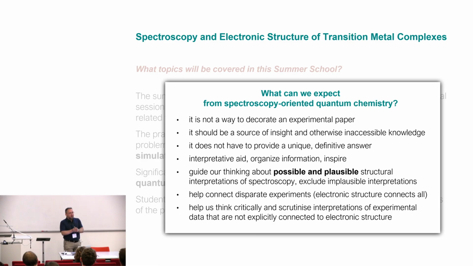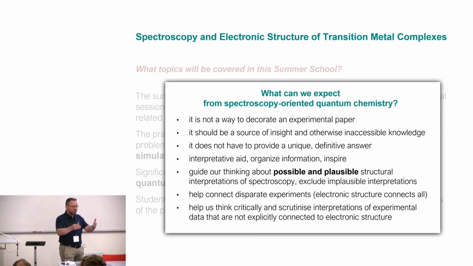Even if it looked like something valuable a few years ago, like reproducing an IR spectrum today by DFT, it's no longer valuable, and nobody can actually consider it a valuable contribution to the paper. You do not learn anything. It should rather be a source of insight. So you're not obliged to use quantum chemistry unless you find a proper way of using it so that you can obtain some insight, so gain some value out of it.